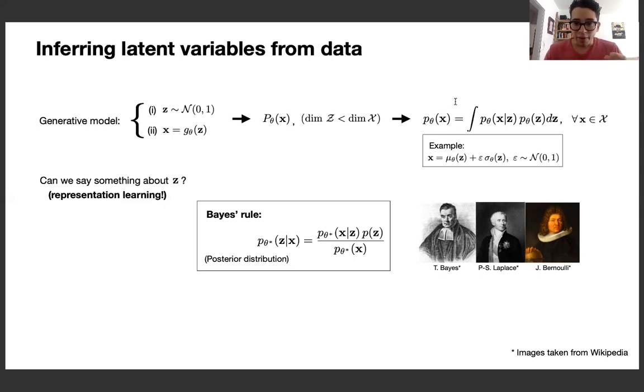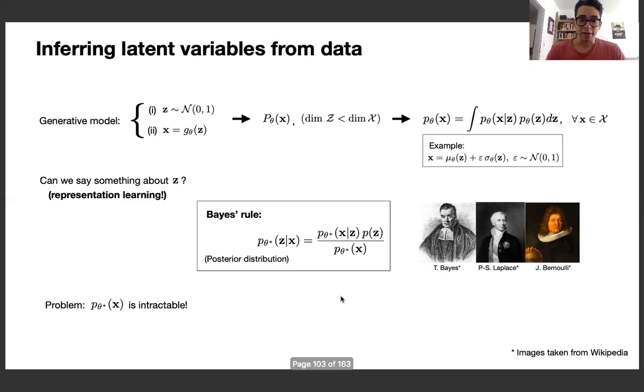Given that we have a density here, in principle we could use Bayes' rule to infer what is called the posterior distribution, the probability of a given latent code given the data.